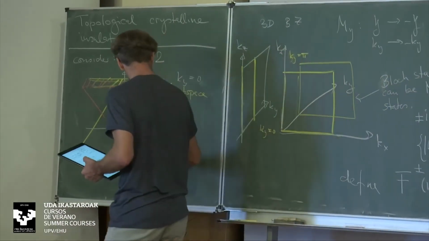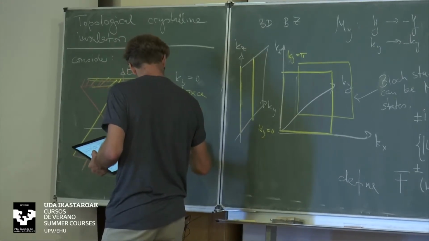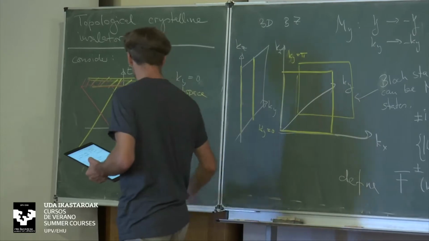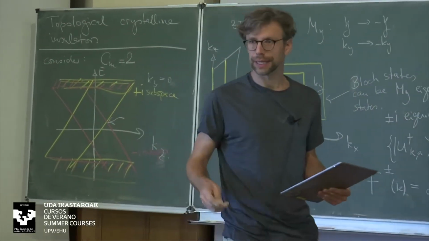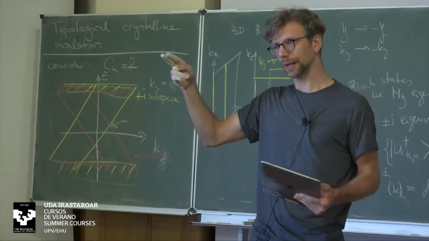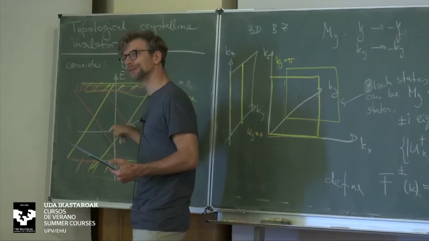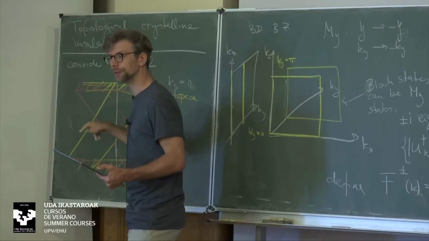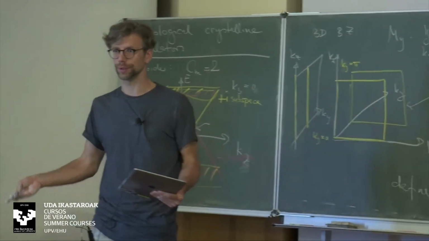So one observation now is that these crossings are protected by mirror symmetry, right? Because I could in principle hybridize these crossing points, but that would require coupling a left mover in one mirror subspace with a right mover in the other mirror subspace, and that explicitly would break mirror symmetry.